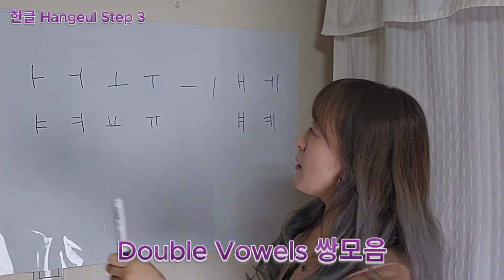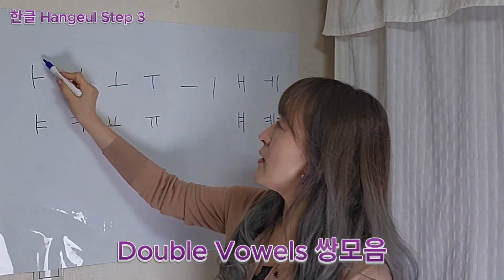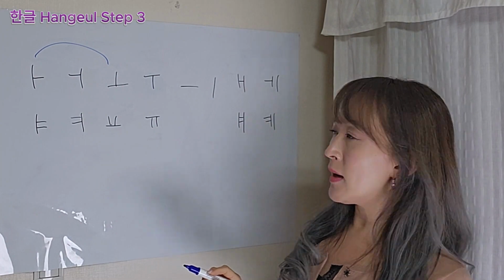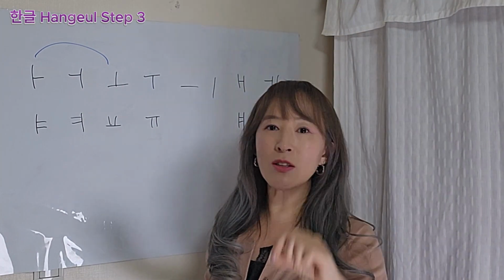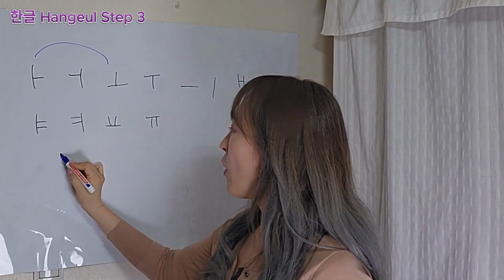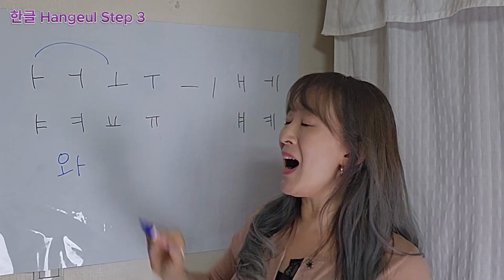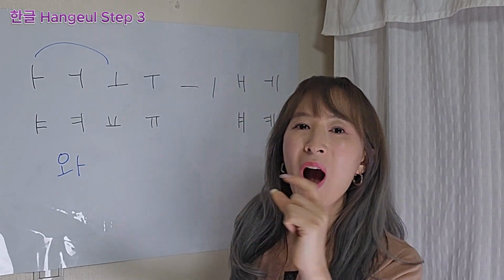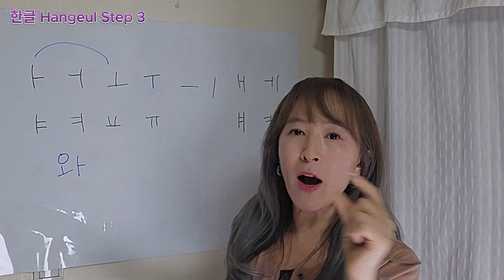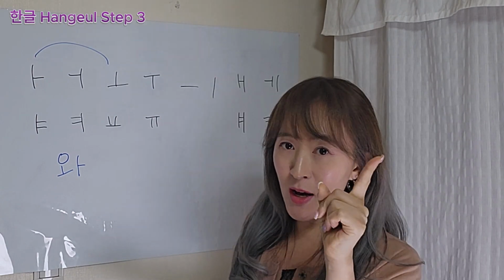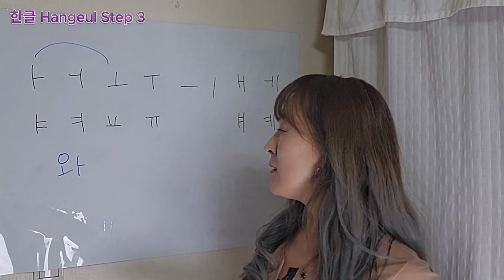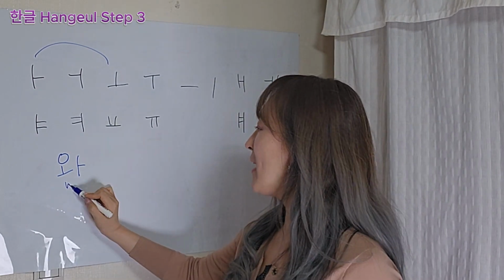So for example, let's start with these 2 here, and we will use ieung, the space holder. So wa, o and a, so wa, quickly to make one syllable, wa, right? So it's like wa sound.